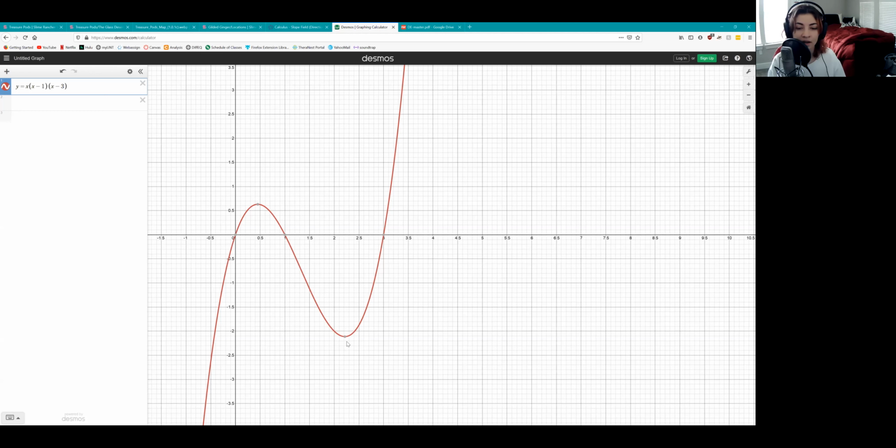Okay, now we are going to talk about stability. We can also tell stability using this graph. Using our positives and negatives, anytime it's negative, we have an arrow pointing to the left, and anytime we have positive values, the arrow points to the right. On either side of each critical point, you can see that you have two arrows.